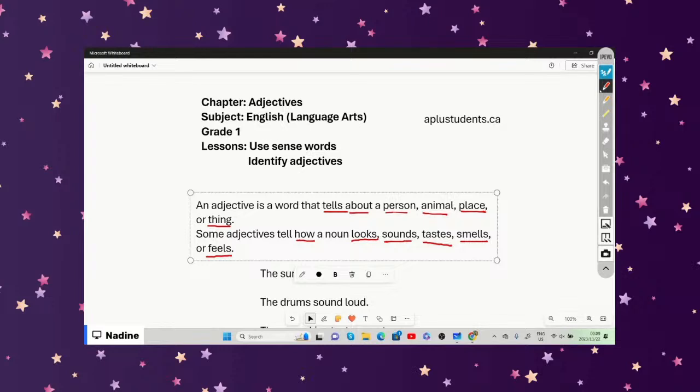If you are familiar with someone, you would be able to tell who the person is based on the sound of the person's voice. And that is what we mentioned also, you will be able to tell about the person, animal, place, or thing based on how they look, sound, how something tastes, how someone smells, or sometimes feels.